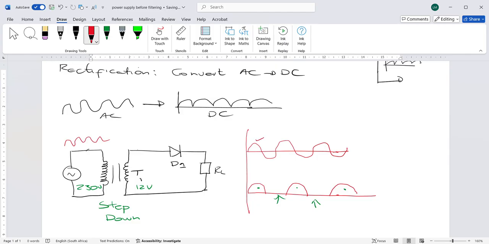It was on here, off here. It is on here, off here. As a result, this is the result at the bottom: a rectified waveform.